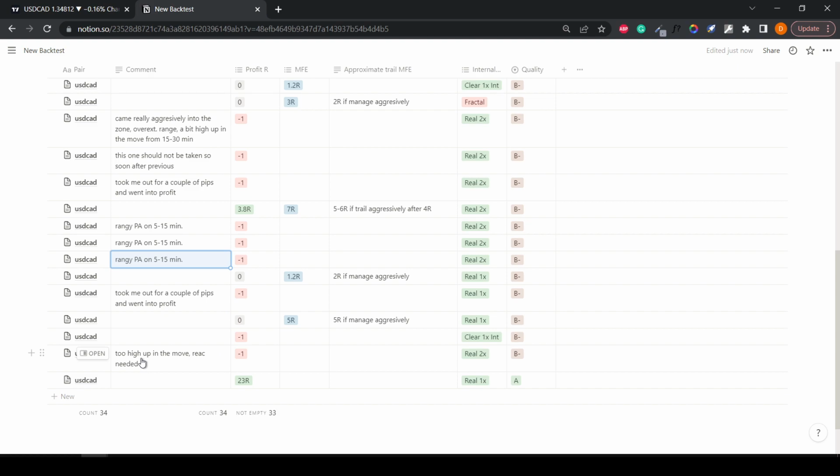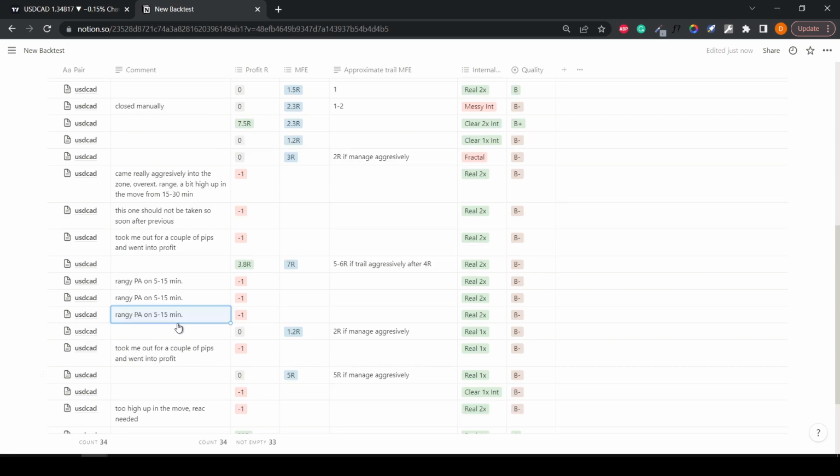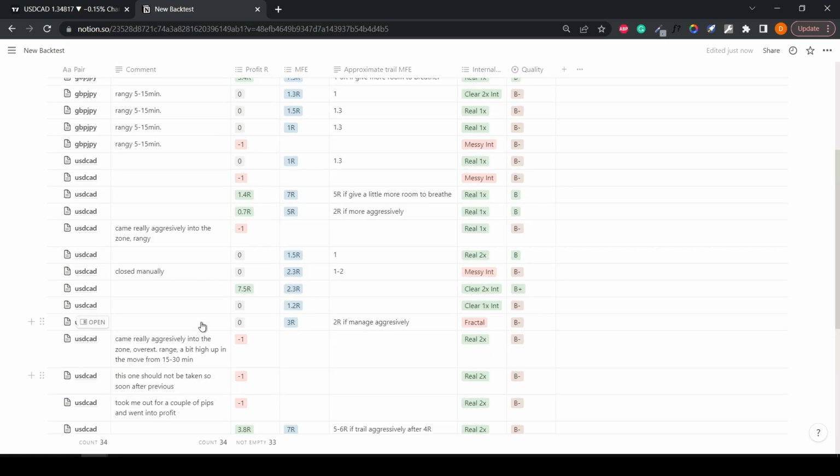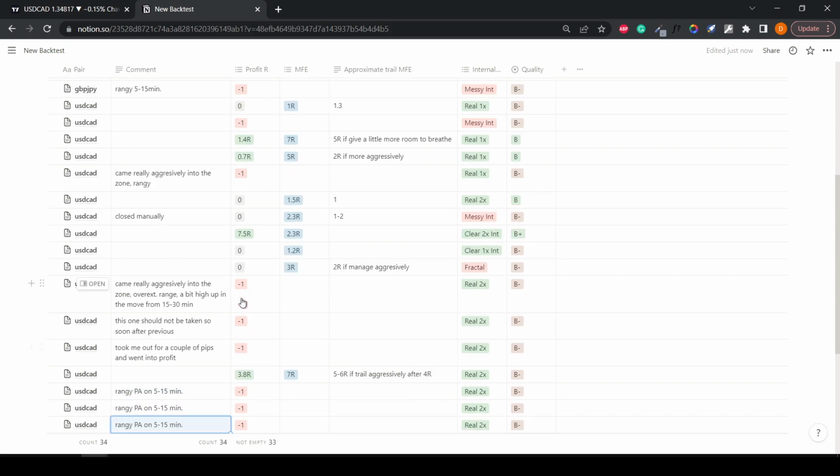For example, just based on the comments, we have some moves that are too high up in the move, or again took out just a couple of pips and went to profit, or took with the rangy and messy 5-15 minutes like these three, or just took one after another. So definitely some minus ones could be avoided.